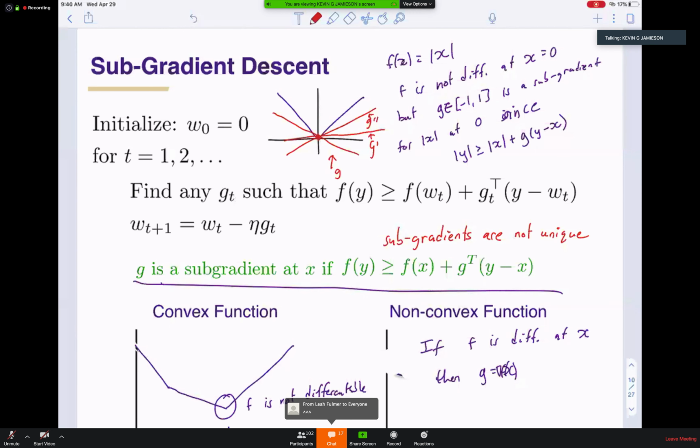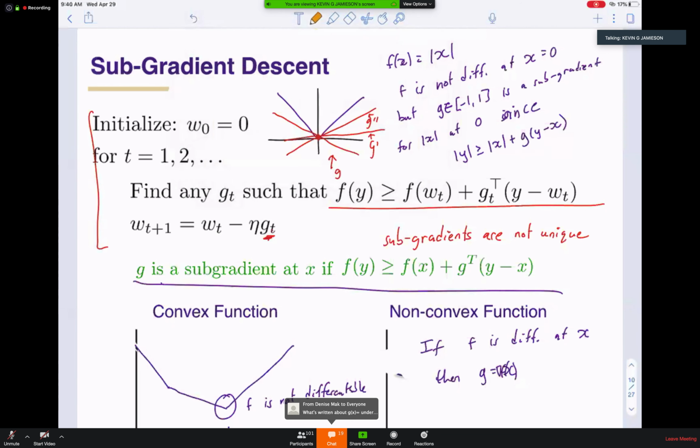And so if you want to do an algorithm for gradient descent, instead of using the gradient descent update with the gradient here, you use just any subgradient, any vector g_t that satisfies the same equation that the gradient of the convex function satisfies. And we can do this.